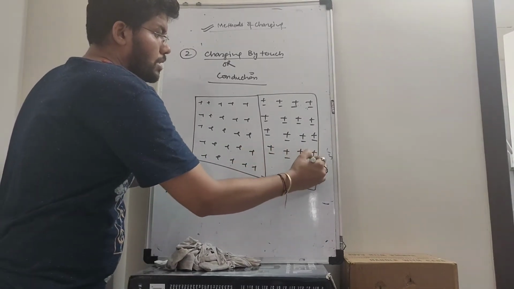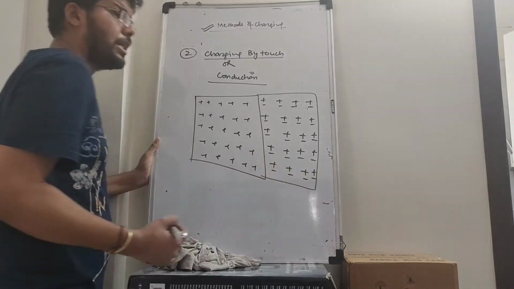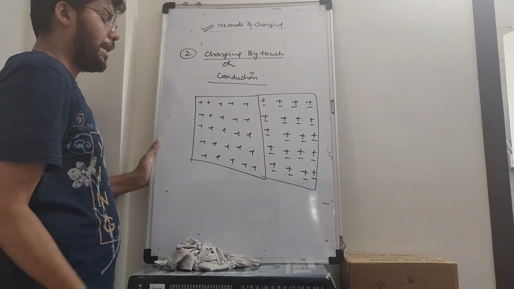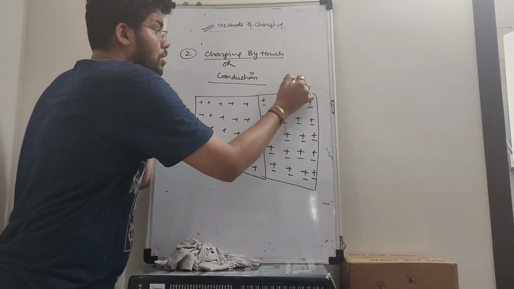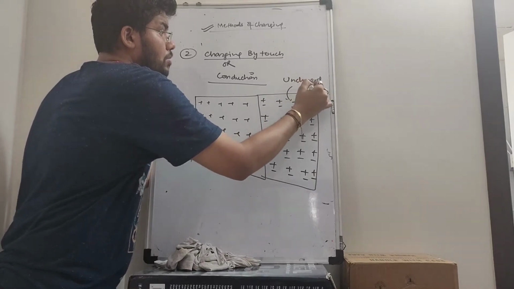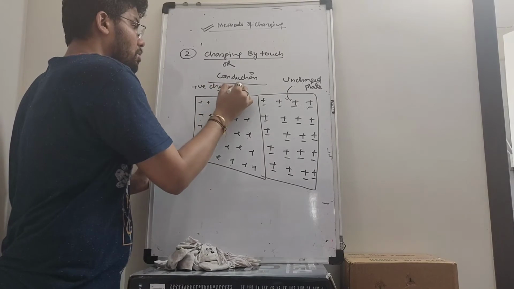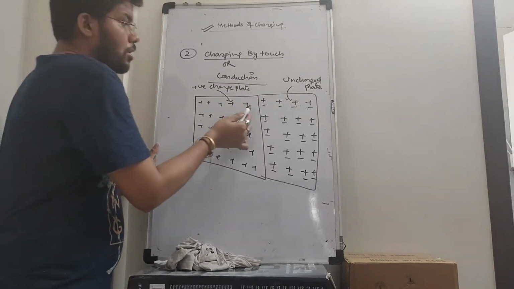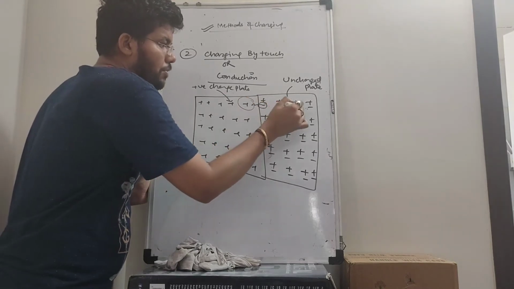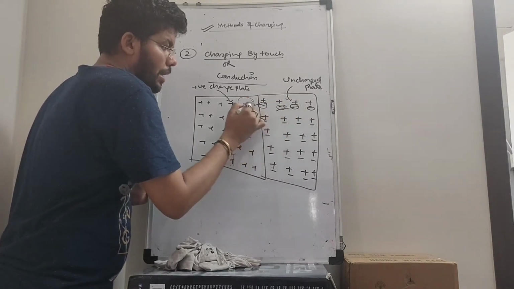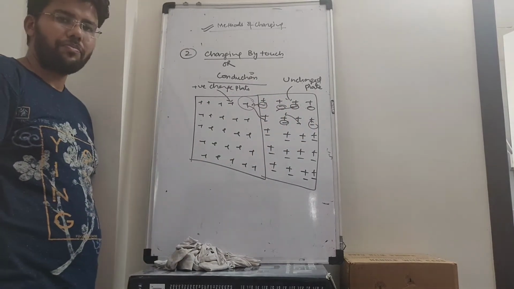As you know, a neutral system consists of positive and negative charges in an equal amount. This is an uncharged plate and this is a positively charged plate. Now the positive charge of this plate attracts the negative charge of this uncharged plate and neutralizes all the negative charge of this uncharged plate.